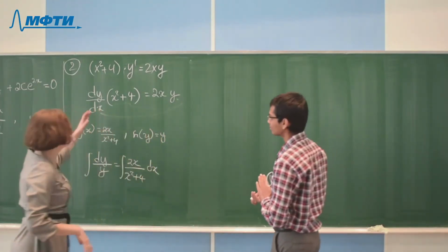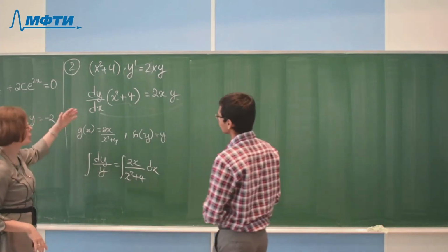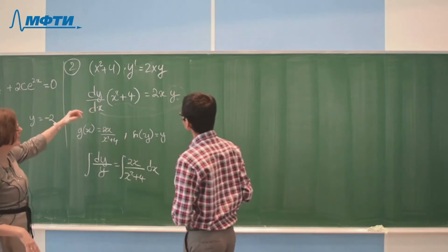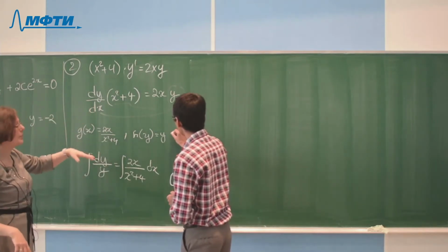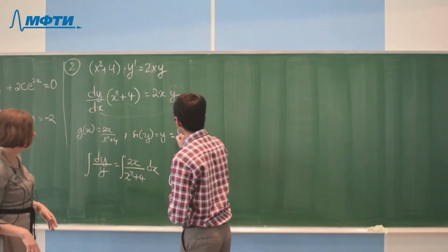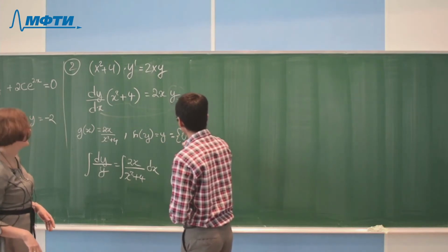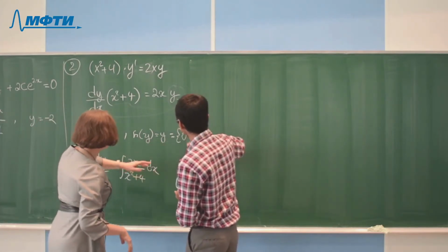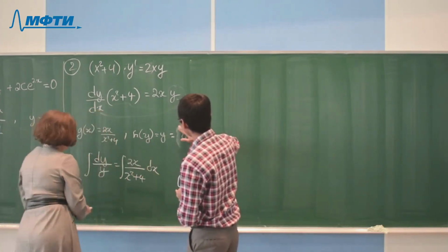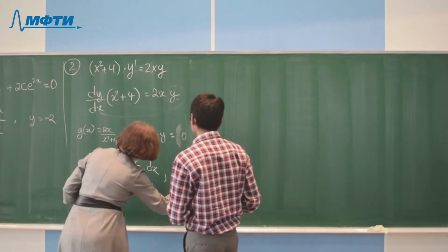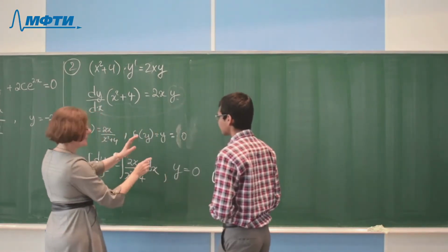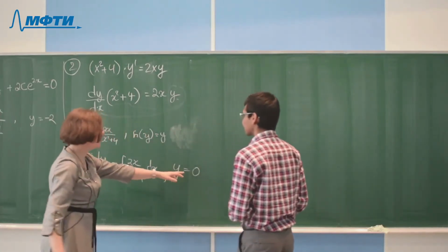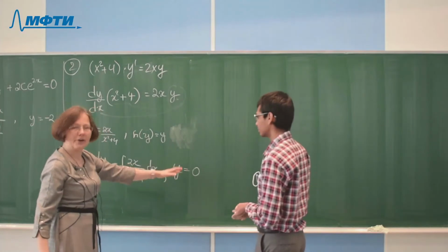Then, at this stage, you should check whether you lost particular solutions or not. Yes, you have divided by y, so a particular solution will be y equals 0. Just remark this, and this will appear in the final answer.